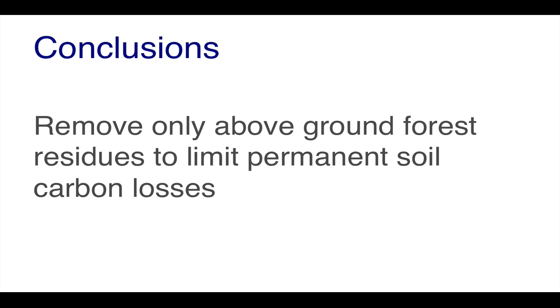And what we predict is that more permanent soil carbon will be lost if the stumps and the roots are removed. And this is quite clear, as the soil will be more greatly agitated if these below ground residues are removed. So our recommendation is to apply the precautionary principle and just focus on 75% of above ground residues.